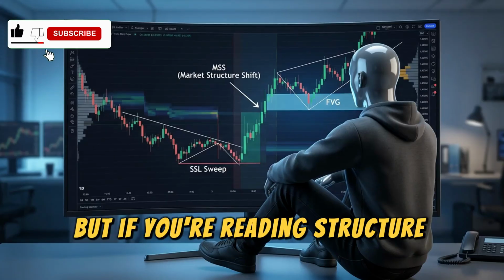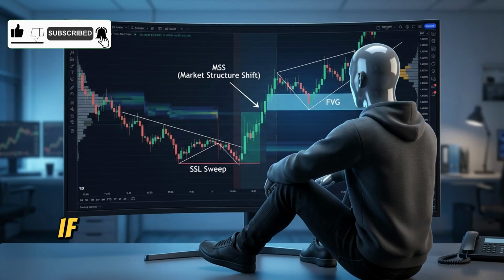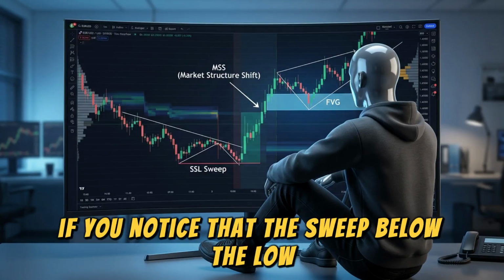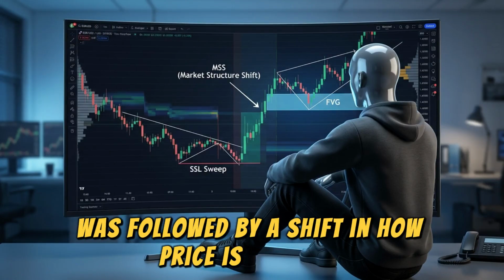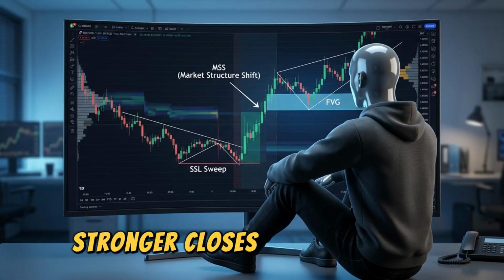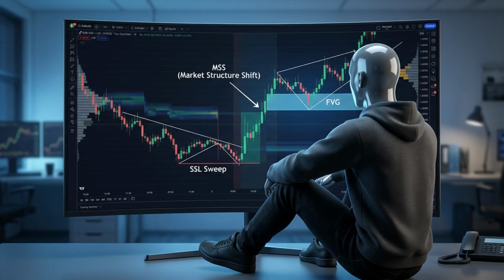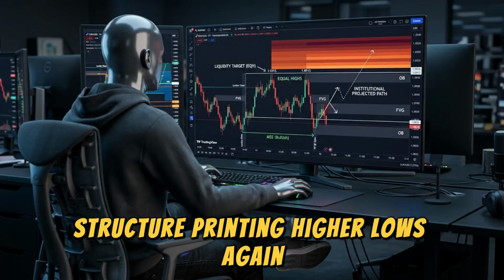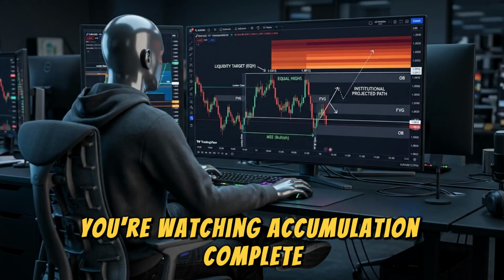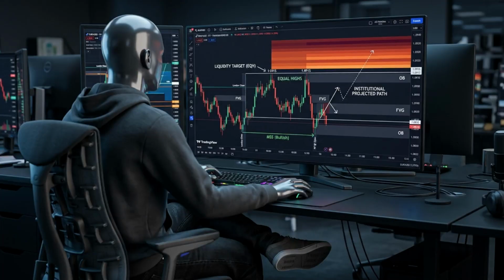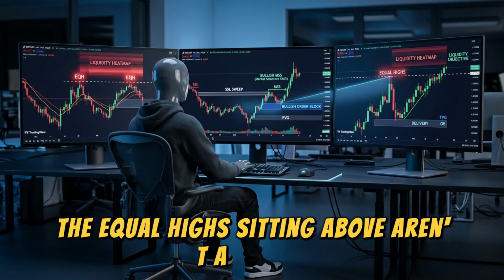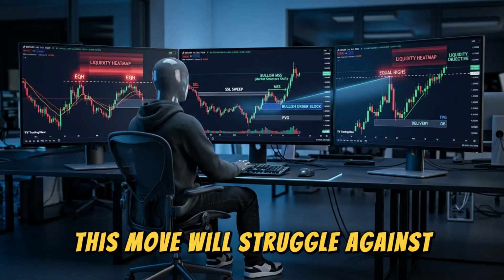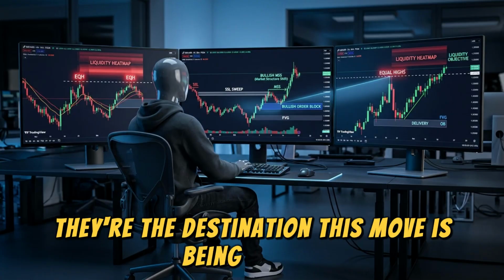But if you're reading structure instead of just levels, if you notice that the sweep below the low was followed by a shift in how price is behaving, stronger closes, less hesitation, structure printing higher lows again, you're watching accumulation complete and distribution begin. The equal highs sitting above aren't a ceiling this move will struggle against. They're the destination this move is being sent to.